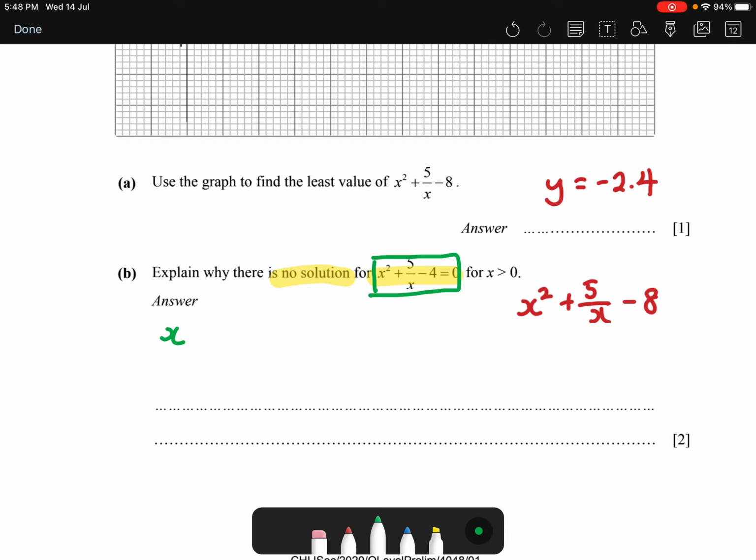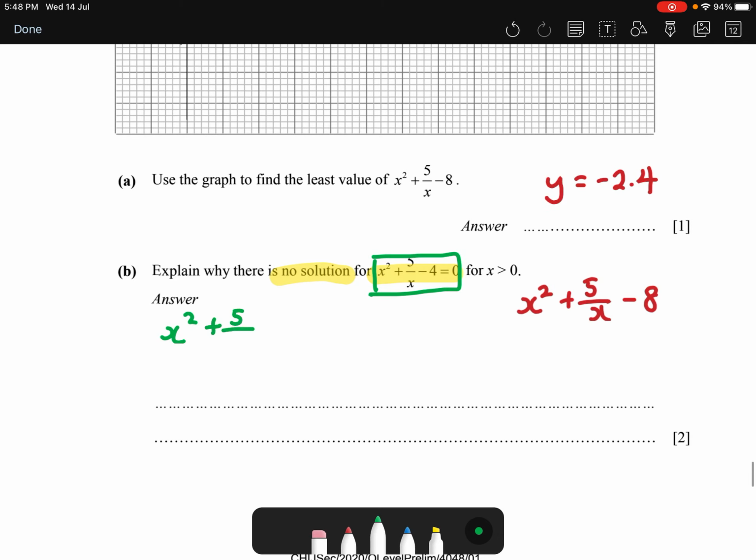Then you can get your graph number 2. In x squared plus 5 over x minus 4 equals 0, my x squared is okay, my 5 over x is okay also, just that the minus 4 and minus 8 is not okay.